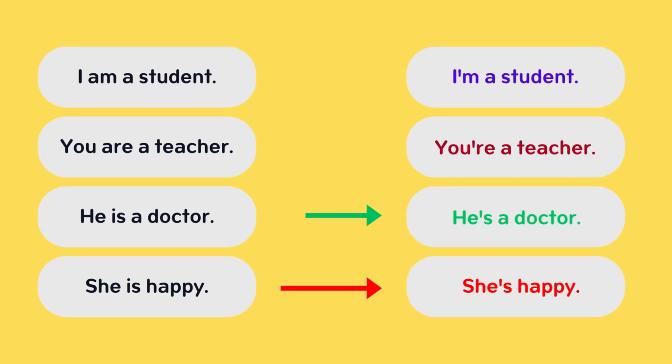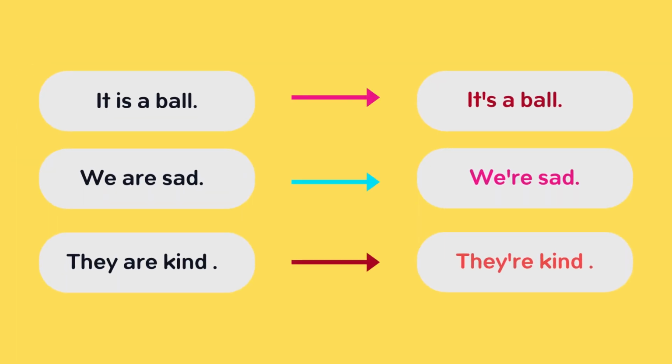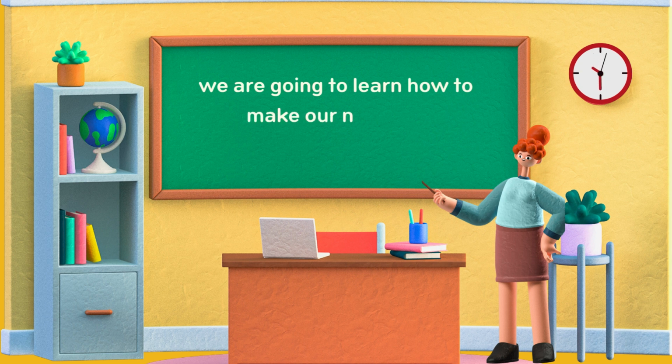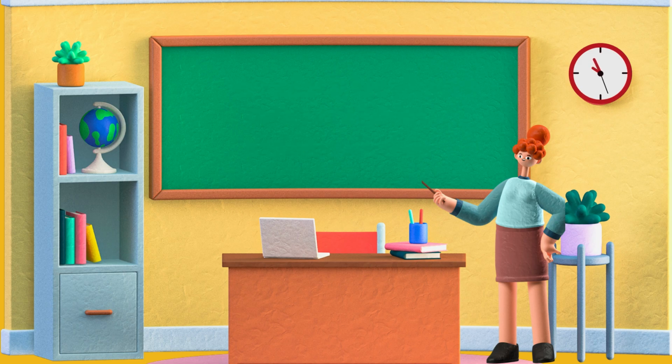She's happy. It is a ball. It's a ball. We are sad. We're sad. They are kind. They're kind. This is what we mean by contraction. It means just turn our sentences a bit shorter.